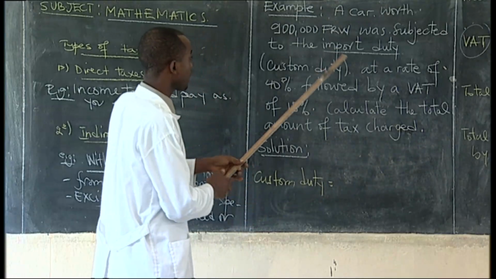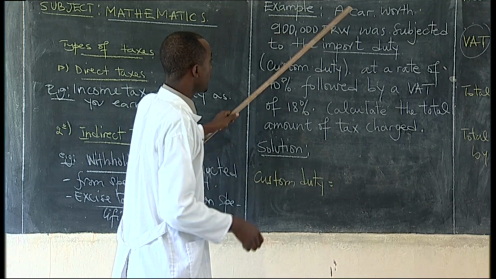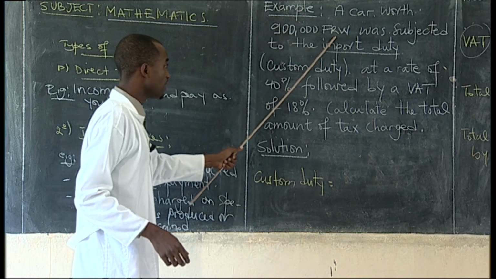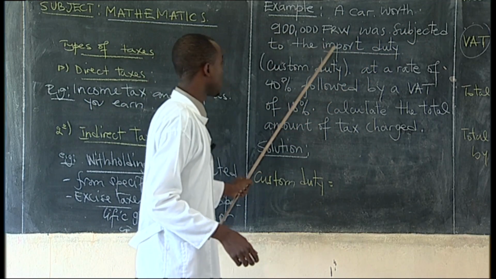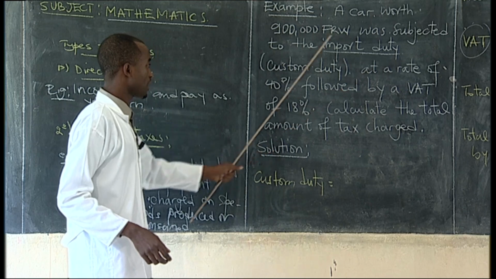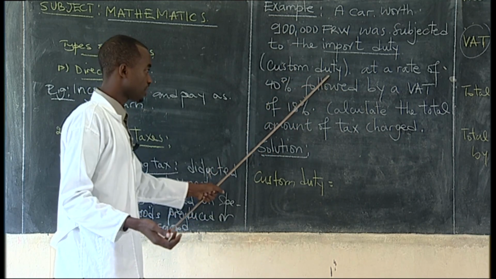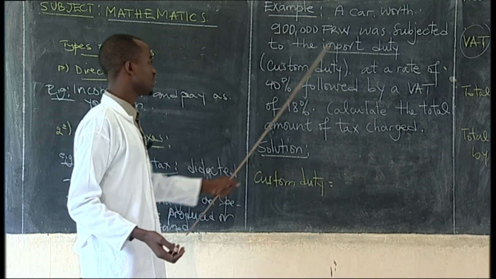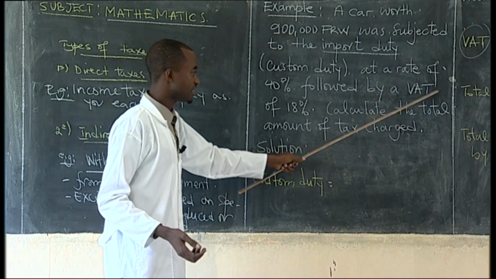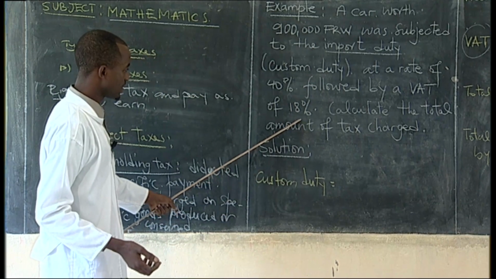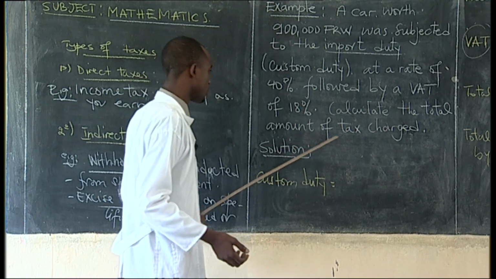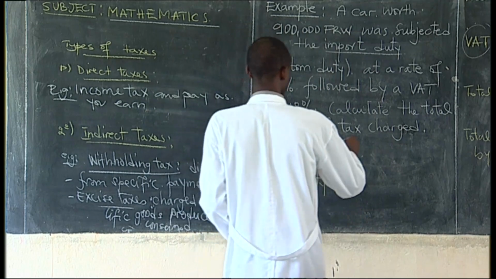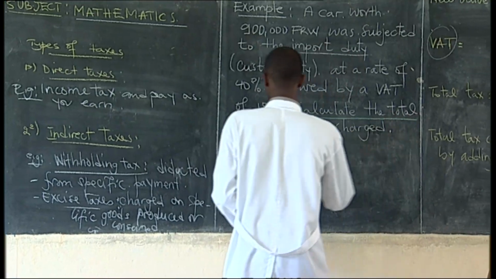If we read it together: a car worth 900,000 Rwanda francs was subjected to the import duty, what you call custom duty, at a rate of 40%, followed by a VAT, you remember what it means, value added tax, of 18%. Calculate the total amount of tax charged.